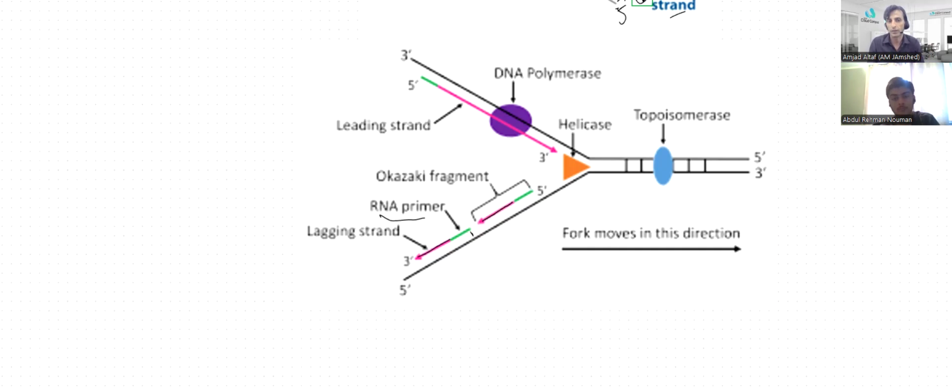The reason is simple. From here, this 5 comes to this point. At this point, again, this is unwound. The helicase is opening this strand on this side. So it means it has to get back like this.